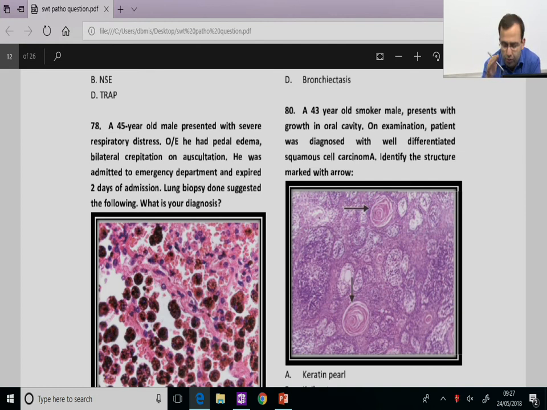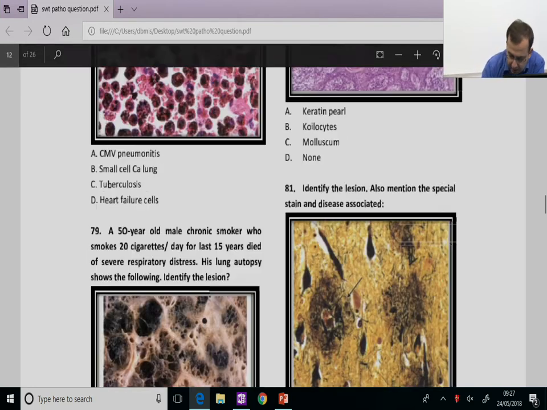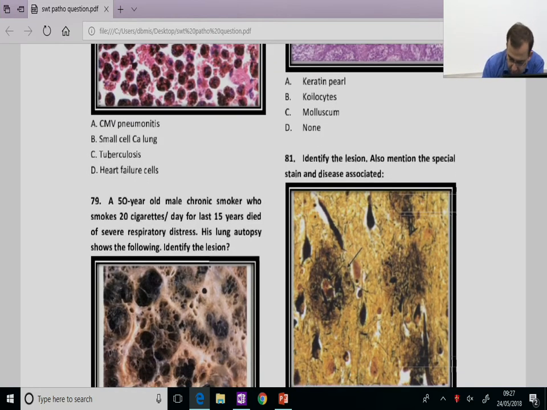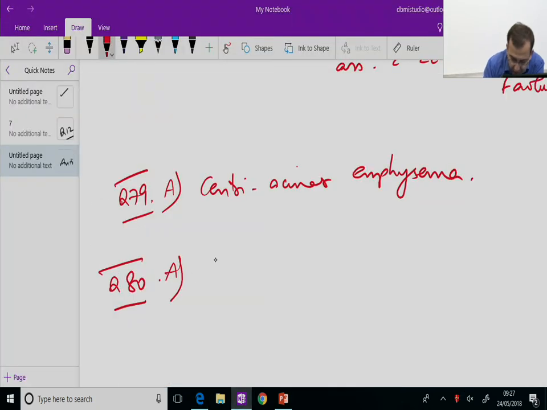Middle-aged male who is a smoker with growth in oral cavity, squamous cell carcinoma. Examination, patient was diagnosed with well-differentiated squamous cell carcinoma. The examiner has made it way too simple for you, making this as keratin pearls. So question 80, the answer is again A, that is keratin pearls squamous cell carcinoma.